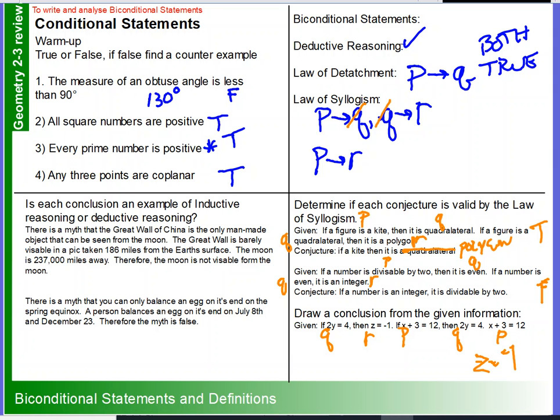So here are the problems that I assigned. I assigned 9 through 13 on page 91, as well as 23 through 27 odd, and then 29 through 34 all.